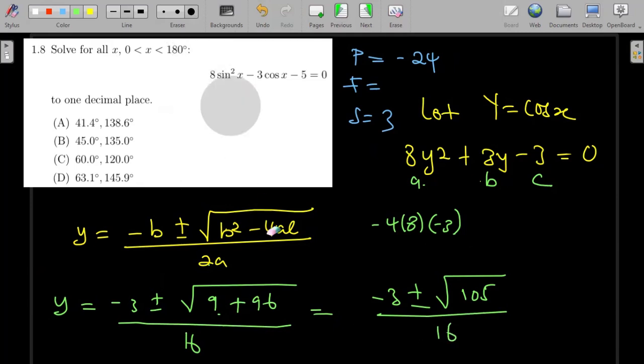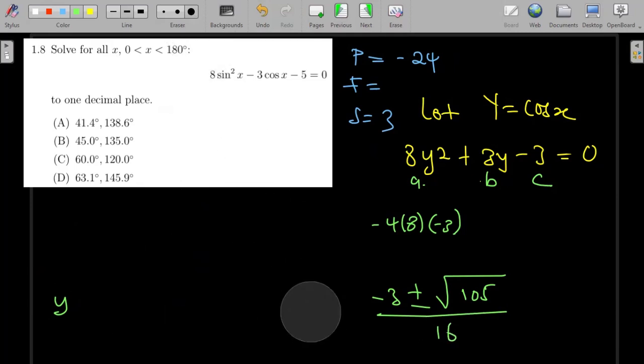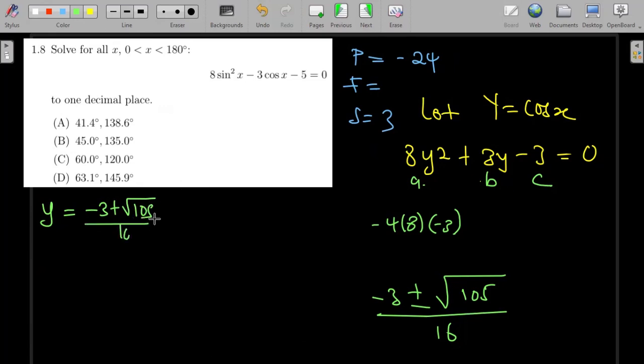So we can find two values of y here. We're just going to use our calculators. The first one will be minus 3 plus root of 105 over 16, and the other one will be minus 3 minus root of 105 over 16. We punch this onto our calculators to see what we get.